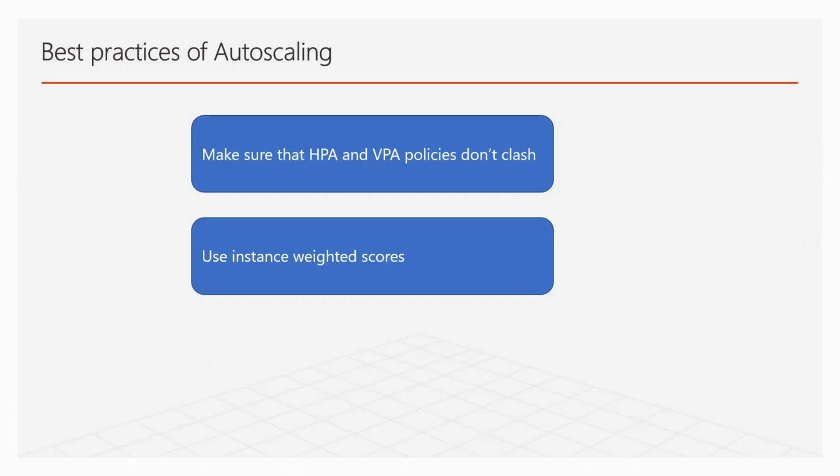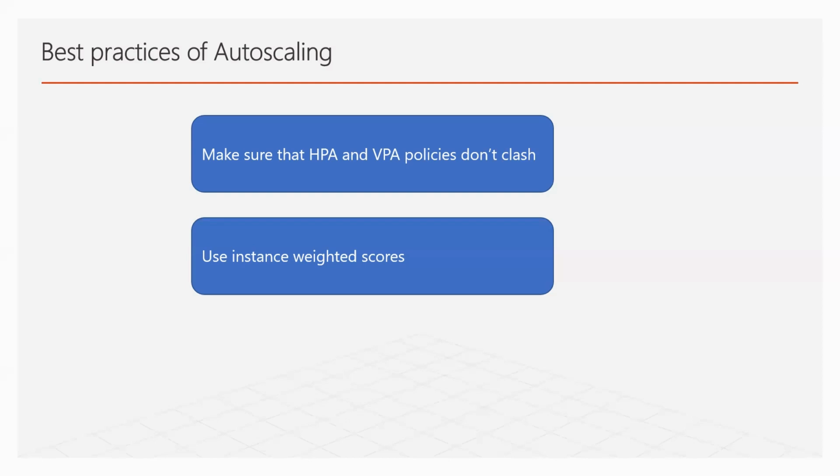Your application is always expecting certain numbers, like 1.8 CPU and 6 GB of RAM, and you have unfortunately enabled a cluster autoscaler with HPA for the number of pods. Only one pod will run on one instance. You end up running one pod per instance, and you are paying for multiple nodes and multiple pods, right? Those kinds of issues you should avoid by choosing with a weighted score.